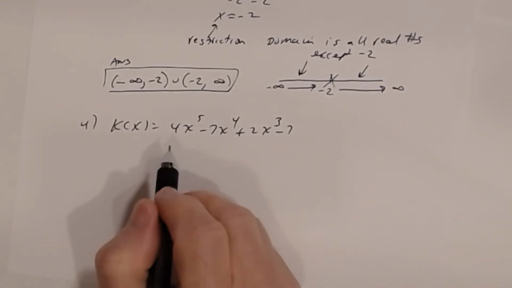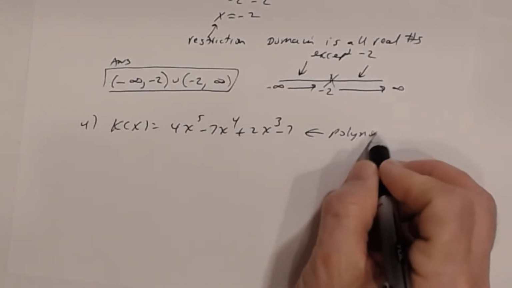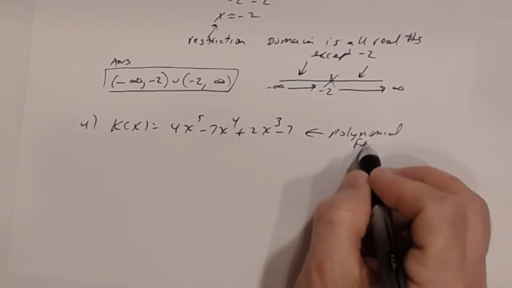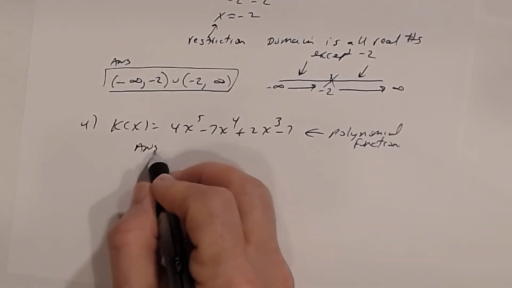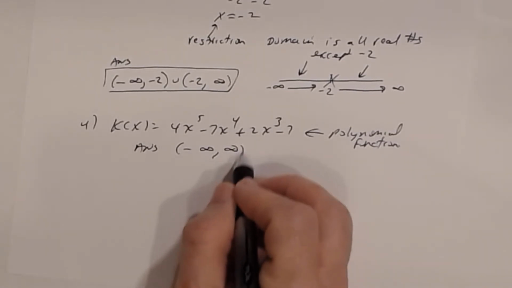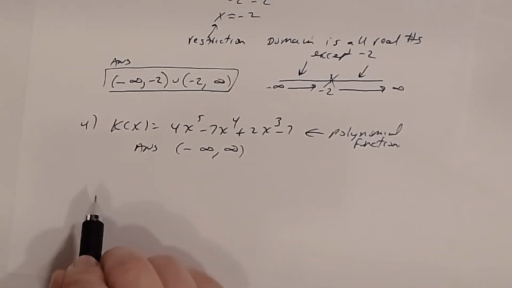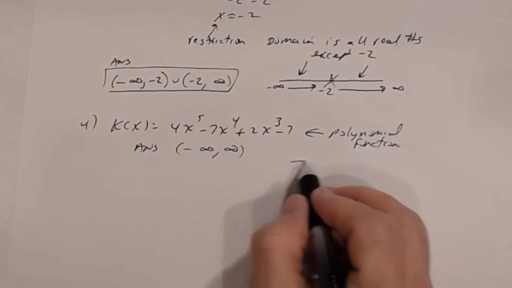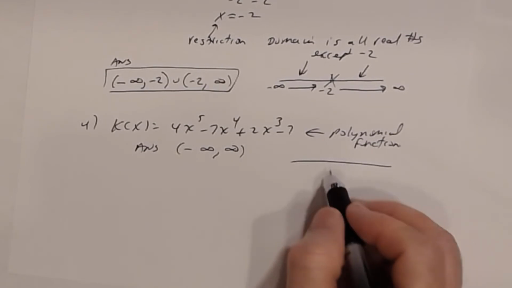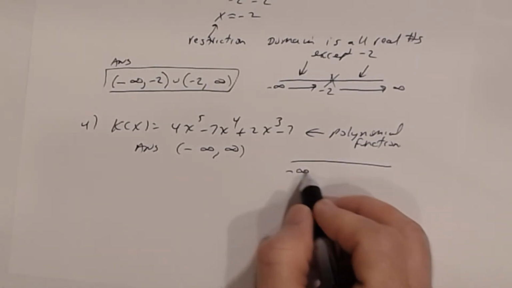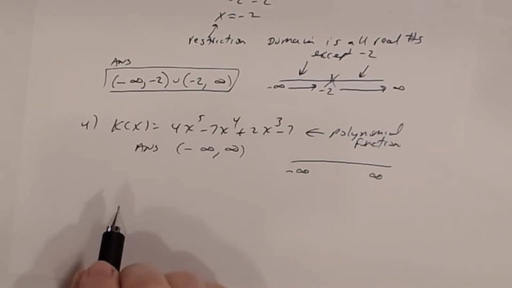Notice this is a polynomial function, and the domain of a polynomial function is all real numbers. As an interval, you go from negative infinity to infinity. If you look at this on the number line, there are no restrictions, so nothing is crossed out. So you go from negative infinity to infinity. But you have to put it as an interval.